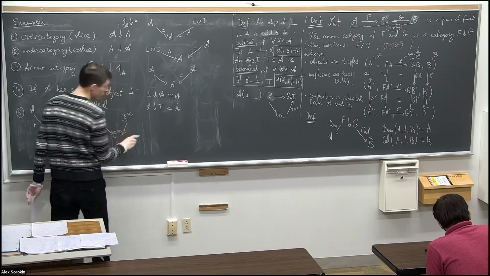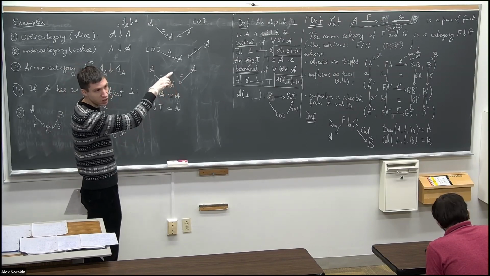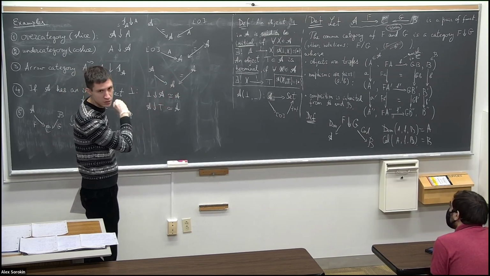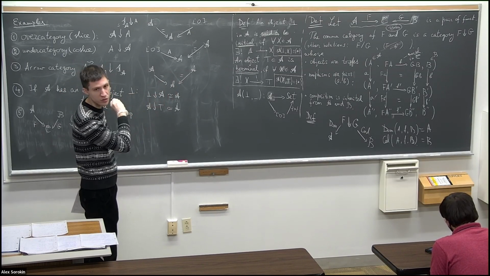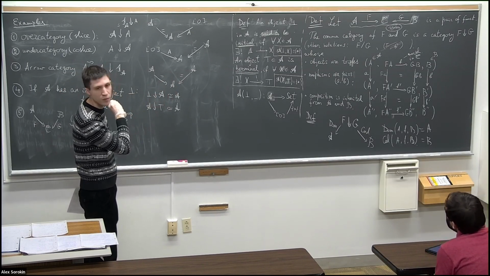I want to emphasize all these categories are arbitrary. All functors are arbitrary. They can be covariant, they can be contravariant. How will they be contravariant? Just put them all at some point.